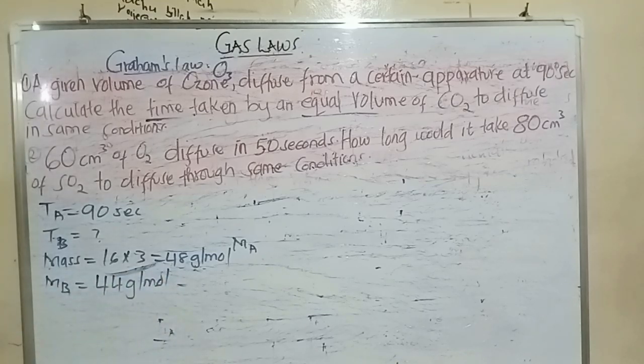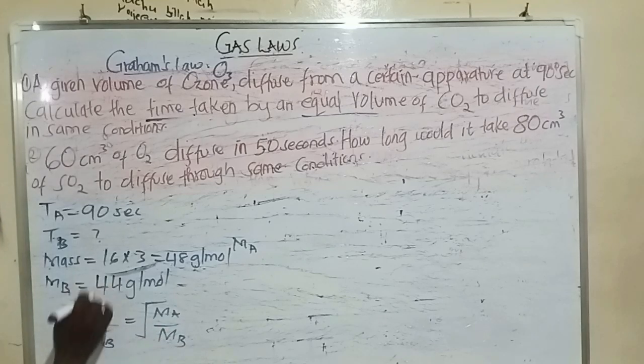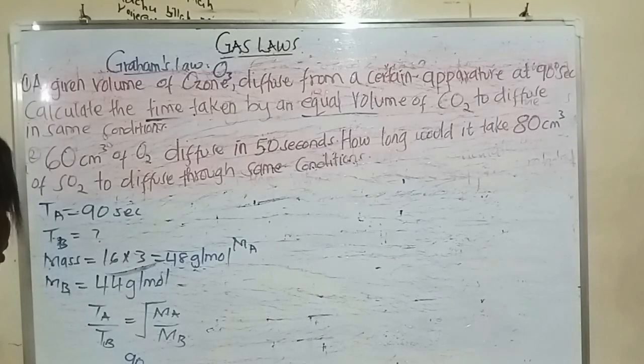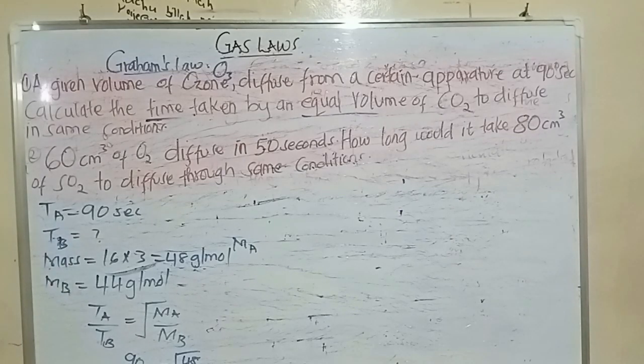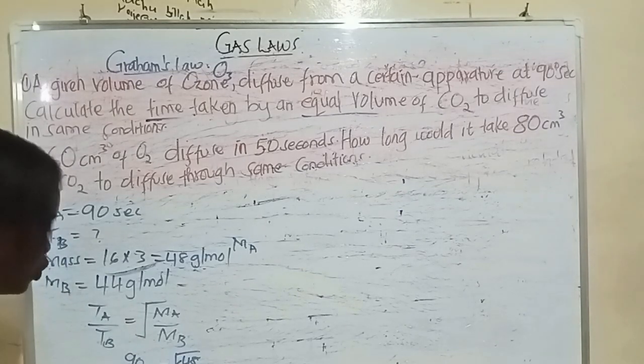So the formula that we're going to use is time A over time B is directly proportional to the square root of mass A over mass B. Our time A is 90 seconds over time B, which we don't have, equal to the square root of 48 grams per mole over 44.